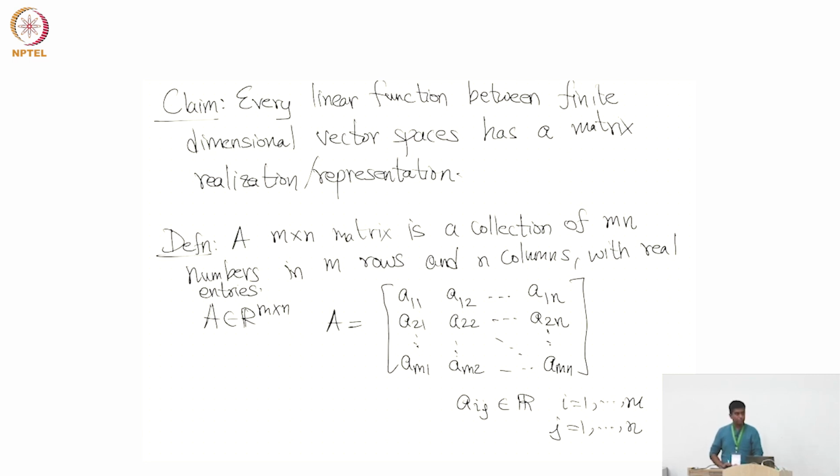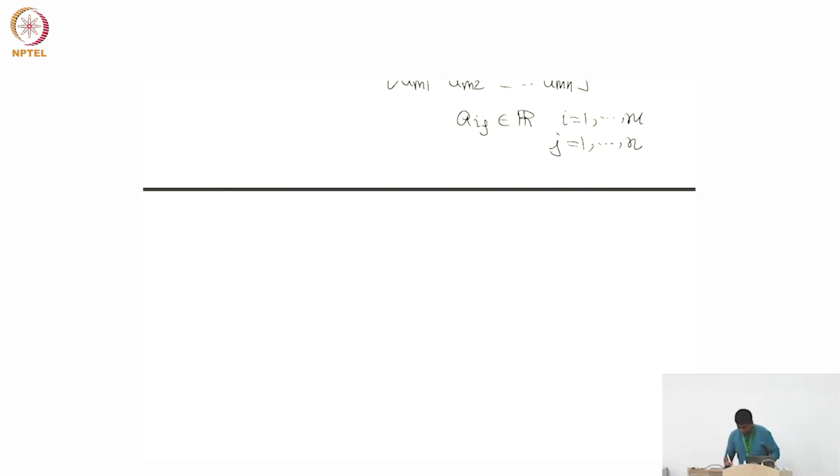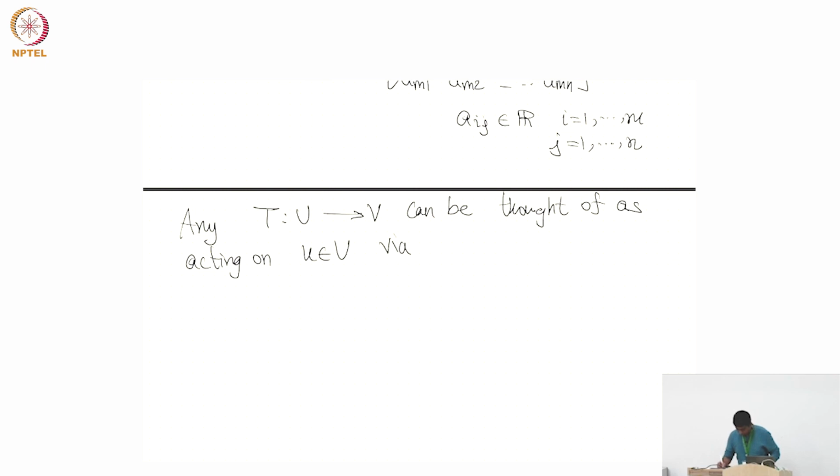So essentially what this means is any T from U to V can be thought of as acting on a u in U via a matrix vector product.